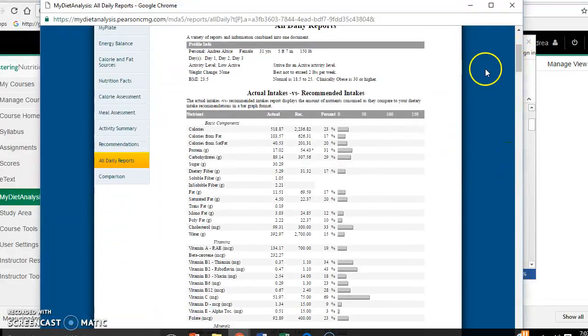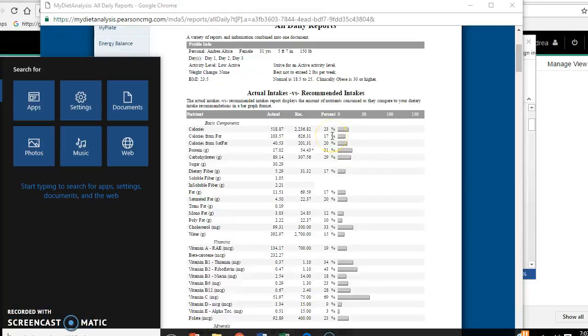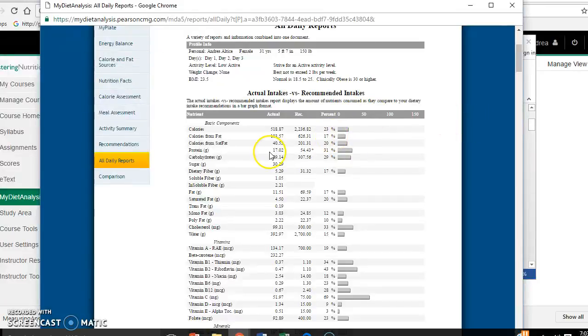Here's the actual intake versus recommended intakes report, and you're looking at the grams of carbohydrate, which is right here. This is an example. You're looking at the actual number, and in this case, it's 89.14 grams. And so that is what you would put for that answer.